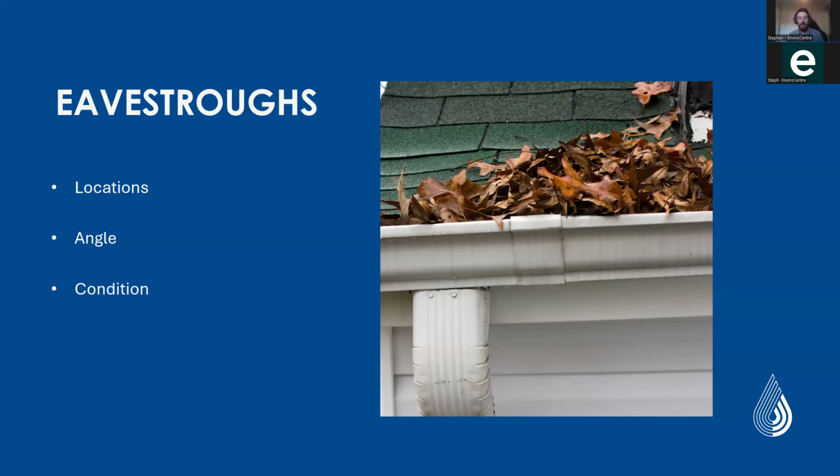If you see it's completely packed, no water's flowing through, or if it's been disconnected or damaged in any way, obviously the water is not going to flow very effectively, or it's going to overflow, or it's going to leak out the side maybe of where it's connected to the downspout. So that's a few things to keep in mind there.